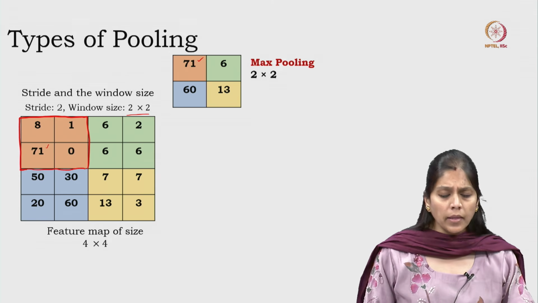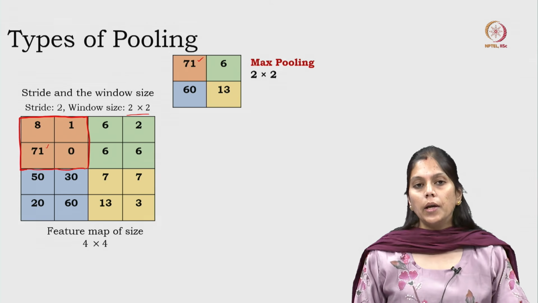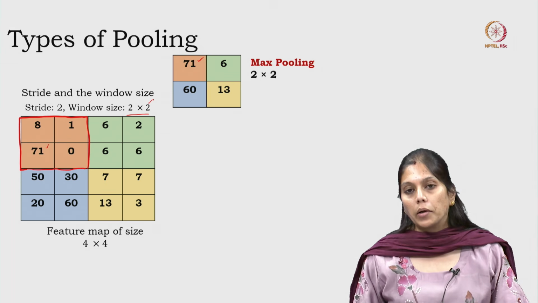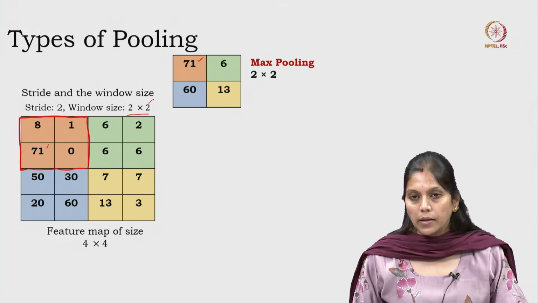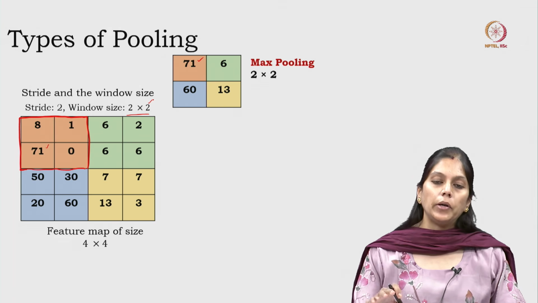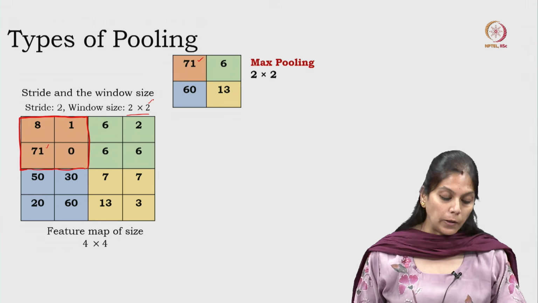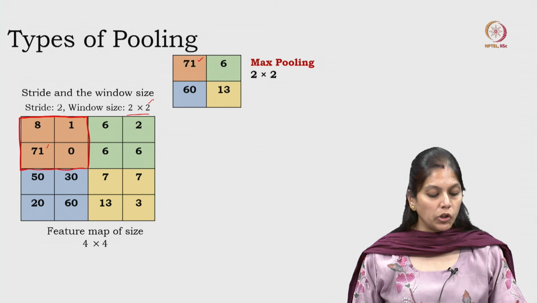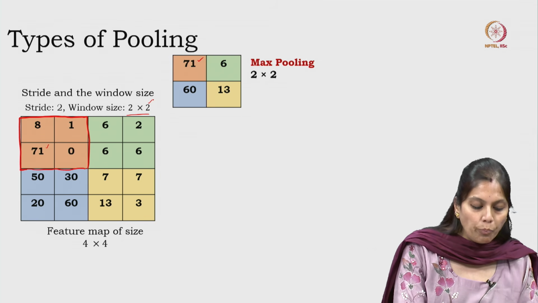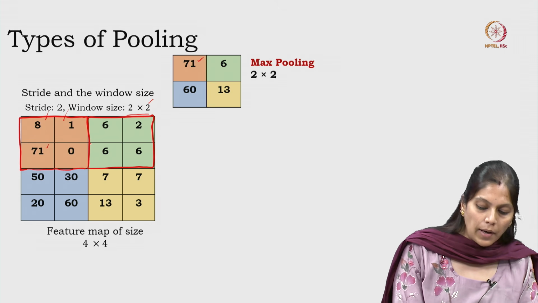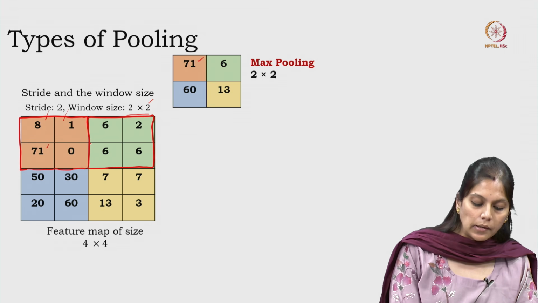Then you have to stride it. Here the stride will by default be the window size. Otherwise, explicitly we can specify the stride also. If we do not specify, whatever is the size of the window, that will be the stride value. Since window size is 2 cross 2, stride value is 2, which means you will leave these 2, and this is the next window. The maximum among this entire window is 6.